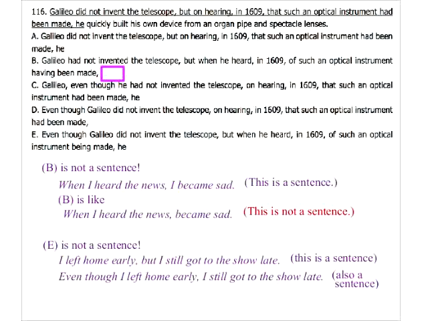I forget the name for them, I think they're called conjunctions or something. But the point is that they're things that connect stuff. And you can only connect these things once. You can't double connect them, otherwise you don't have a sentence. So, even though I left home early, but I still got to the show late, this is not a sentence.